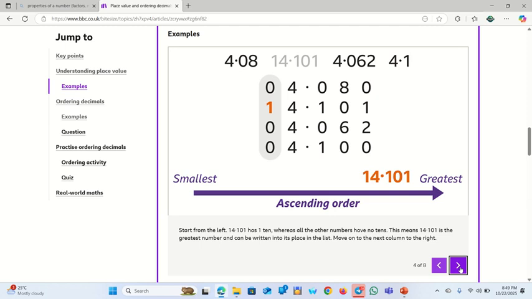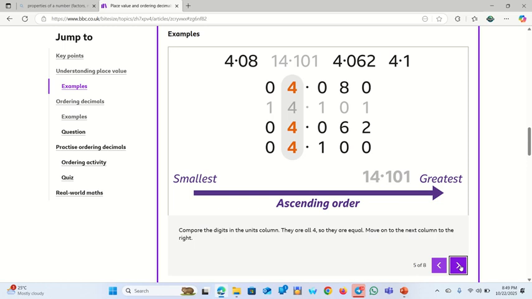That means the highest is 14.101, right? Why is it? Because under tens, there's one. There's only that one that has one, so it's the highest. Now everything else is 4 under this place, so let's move to this.